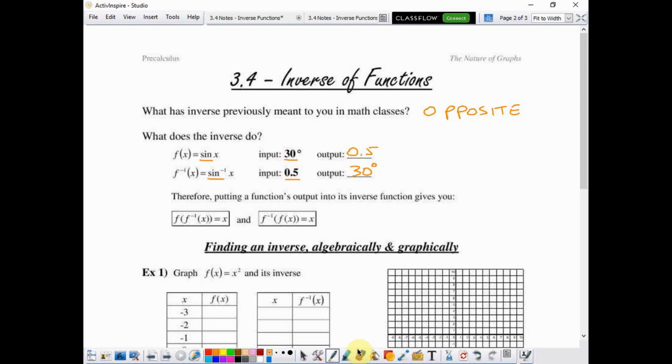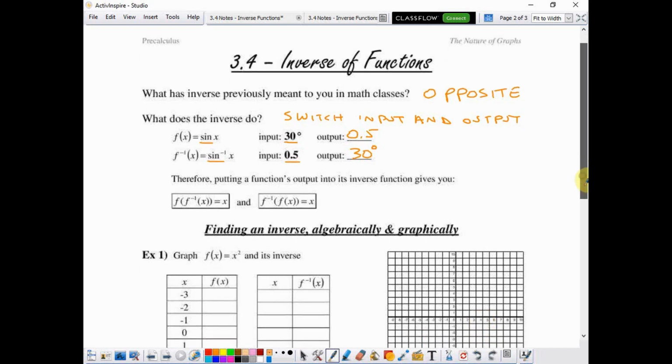So what inverse does is it switches the input and the output. So an inverse switches the input and the output.